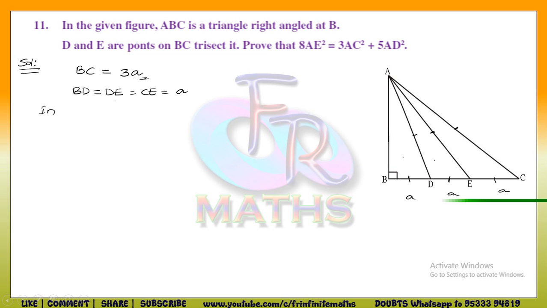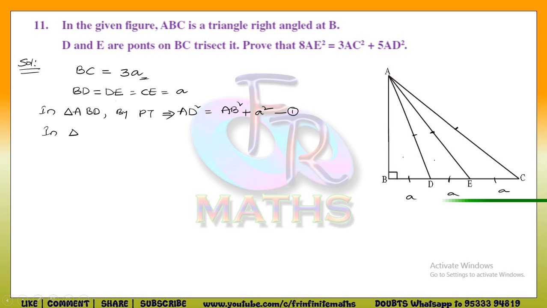So first, in triangle ABD, by Pythagoras theorem I can say AD square is equal to AB square plus A square. Let this be equation number 1.